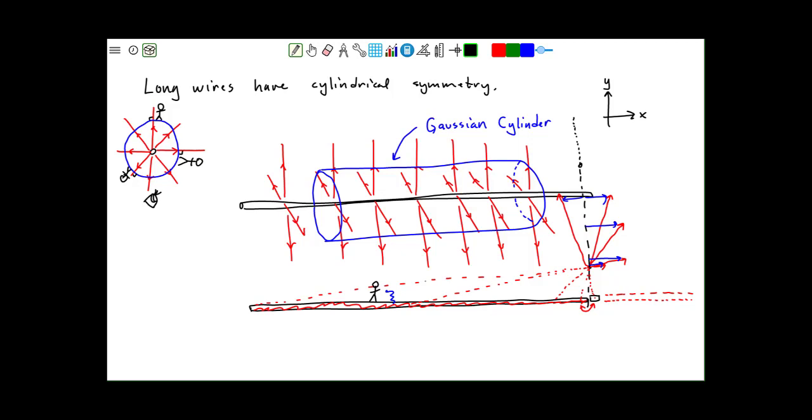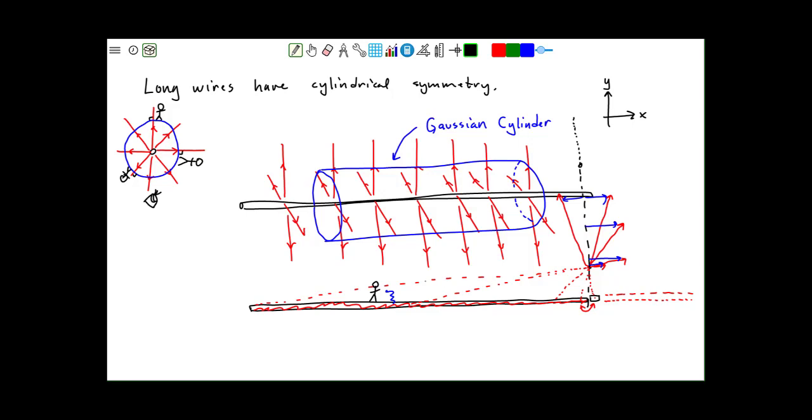So we could say the electric field has cylindrical symmetry, and that's a useful thing to be aware of: the symmetry of an electric field will match the symmetry of the charge that produces it, if a symmetry exists.